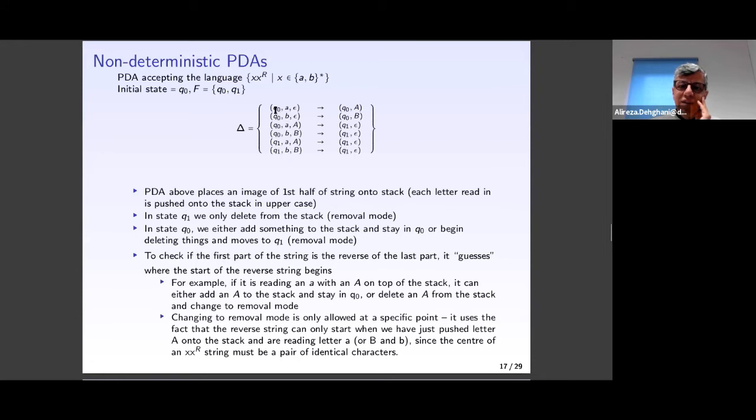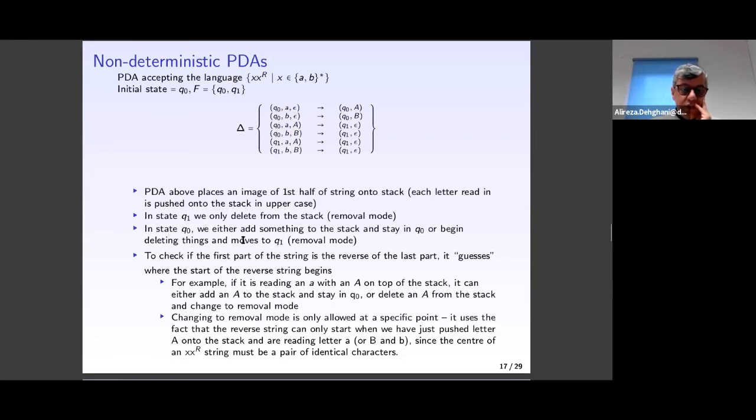When we are in state Q0 and we receive A, we push it in here. Sometimes when we are in state Q0, we receive something, we can pop from it. Or when we are in state Q1, no matter what, we receive A or B, and then we will pop from it. So in state Q1, we only delete from the stack.